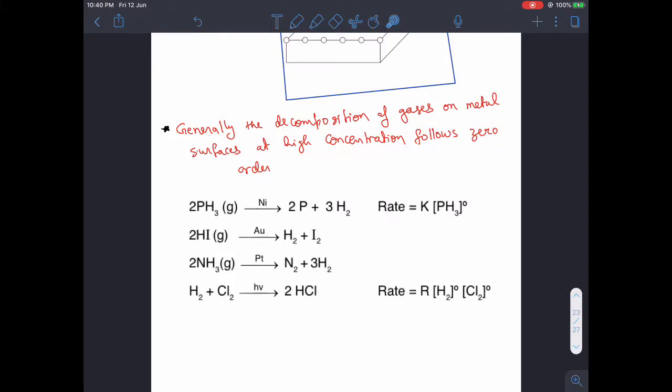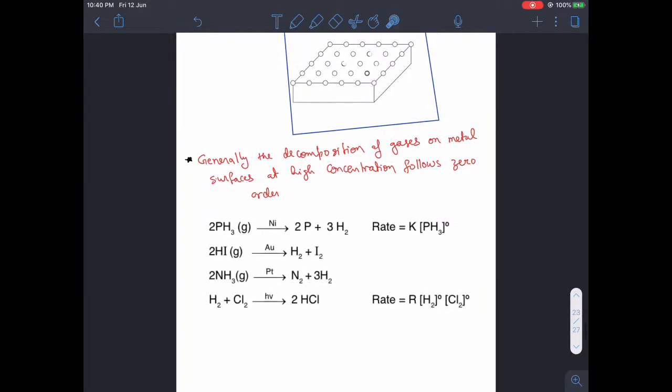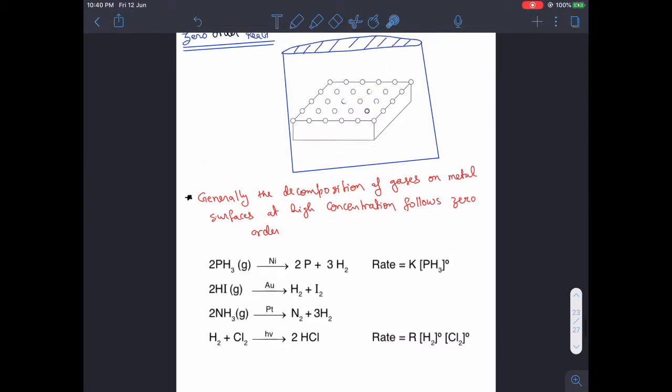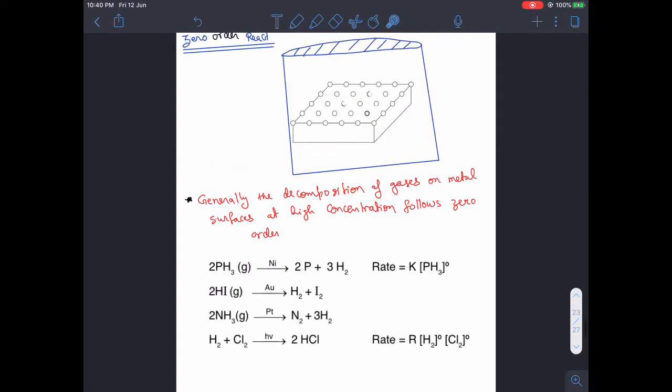Few examples are given, number 1, 2, 3 and 4, and the fourth one is not on a metal surface, it is induced by light. Now why does it happen at a higher concentration, and how does something that looked impractical turn out to be practical?